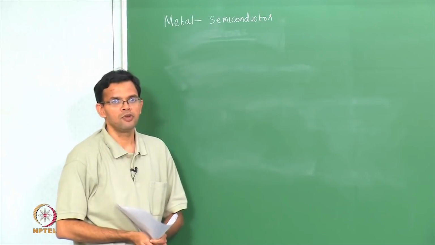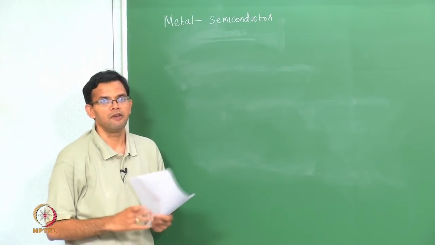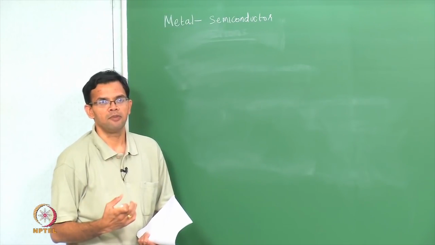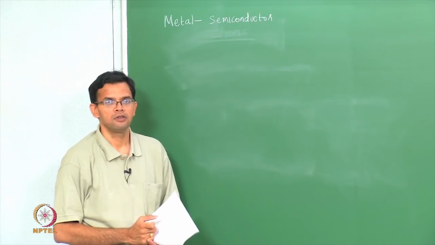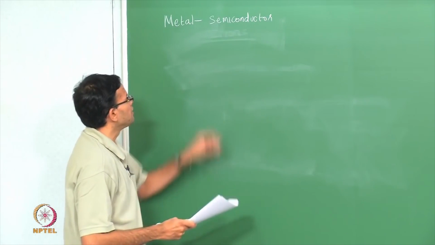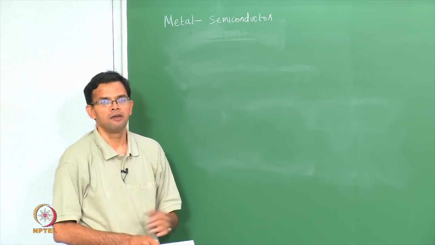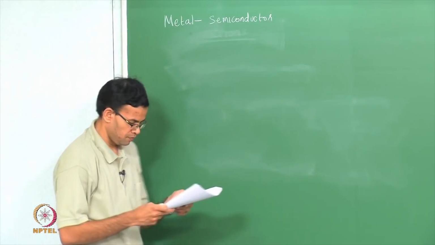This is useful when we form devices on a wafer. These devices have to be connected to an external circuit, and this is usually done by forming metal contacts with these devices. So, there we will have metal semiconductor junctions.